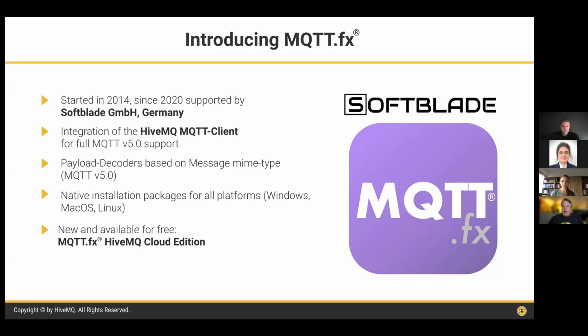Some of the highlights of MQTT.fx: you have payload decoders based on the MIME type of the message. So if a message is received, MQTT.fx will look up, in case of MQTT version 5, which has support for MIME types, the right decoder to decode the message in the right way to show it in a readable format.